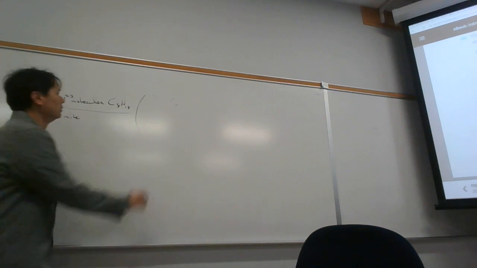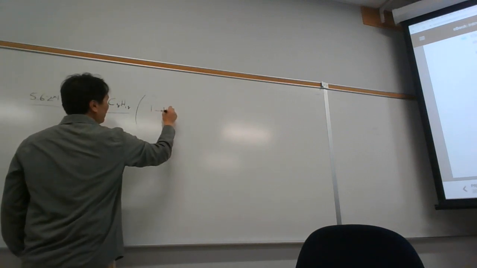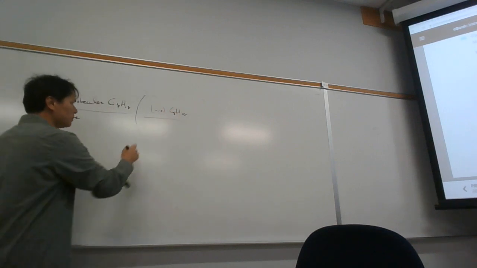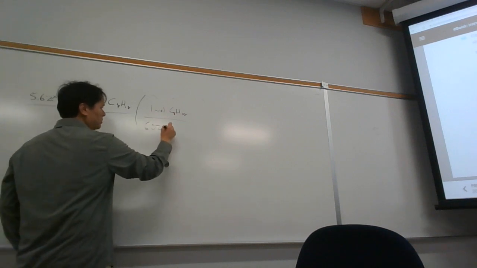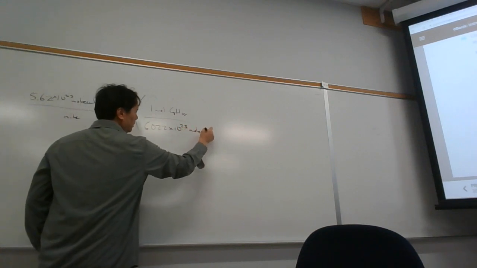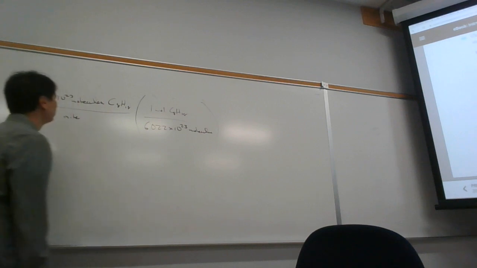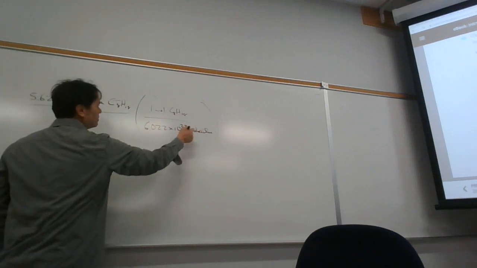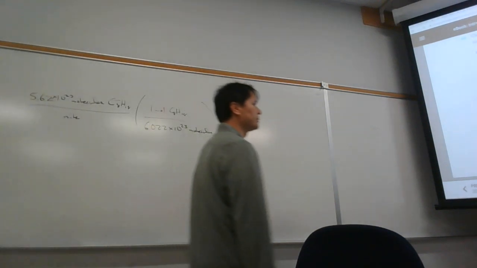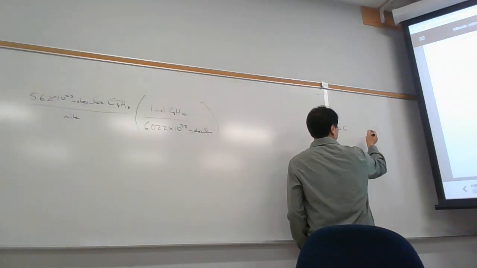Moles. So we know that 1 mole of octane, C8H18, contains an Avogadro's number's worth of molecules. Avogadro's number is 6.022 times 10 to the 23rd molecules. You need to memorize this. And so the molecules of octane cancel. That leaves us with moles of octane. And from moles of octane, I can go to grams of octane if I know the molar mass. So I need to calculate the molar mass. And so I have 8 carbons. What's the average mass of a carbon?